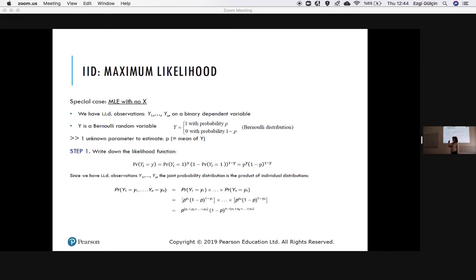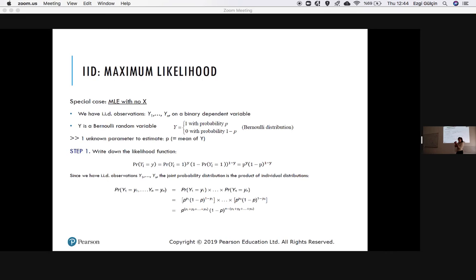So the likelihood function, as I told you, is the joint density function of our data Y. Okay, so the joint density function depends on whether we have IID observations or not. In the case in which we have IID observations, the joint density function, which is the probability of observing jointly each observation, is equal to the product of individual density functions.